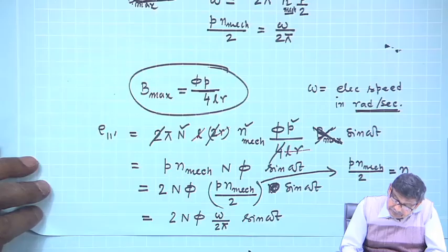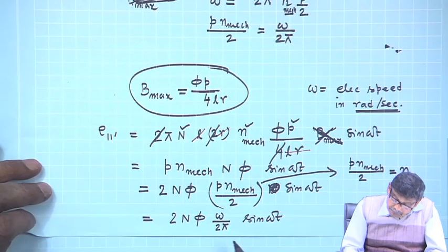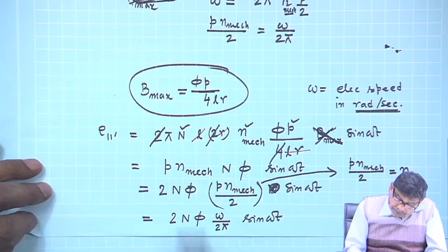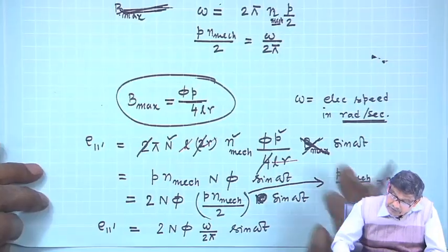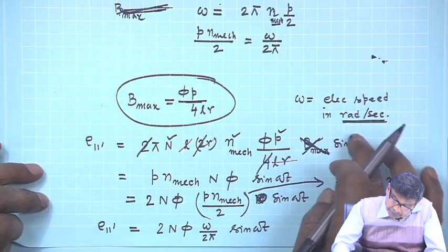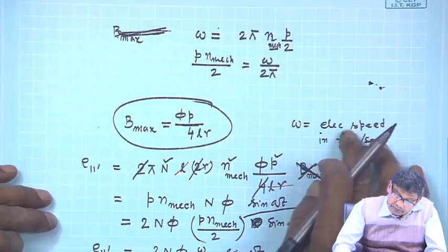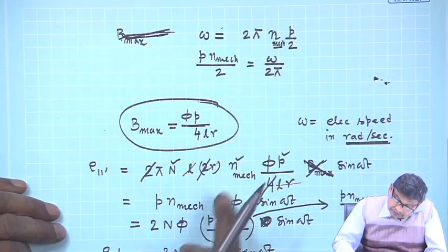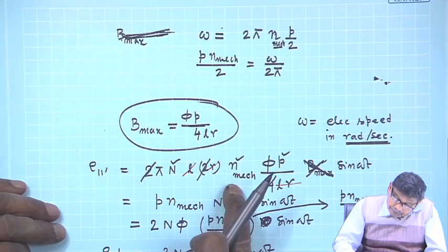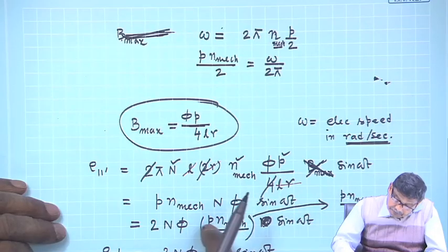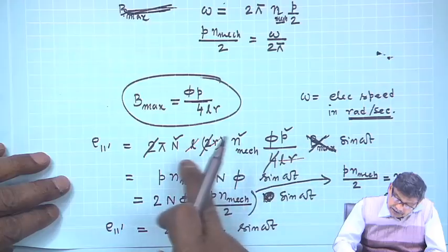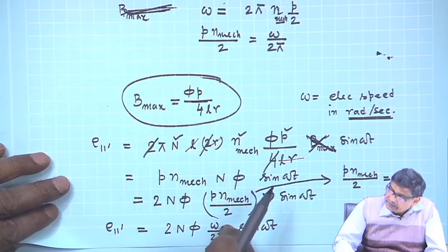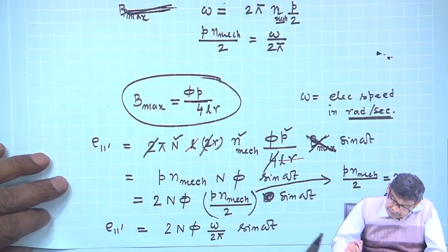Is it correct? So, this is E 1 dash. I have not missed anything hopefully. So, omega electrical radian per second is omega. So, n mechanical came here B L V P n mechanical by 2, no pi I have left, just carefully see. Okay.